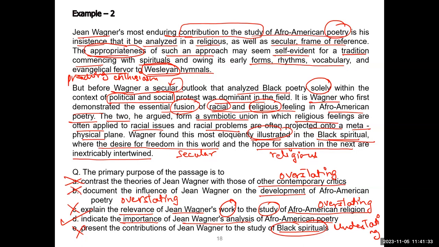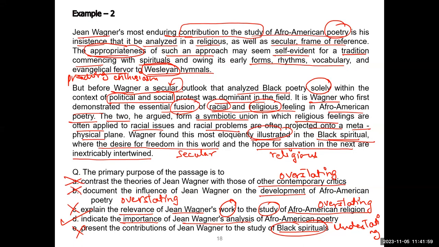That is how you will learn this concept, and that is how you will become very perfect in it. And once you are perfect in overstating and understating, I don't think you will face much problem in main idea questions, because they are not very difficult. And at the most, you will get only one question on main idea, not more than one.